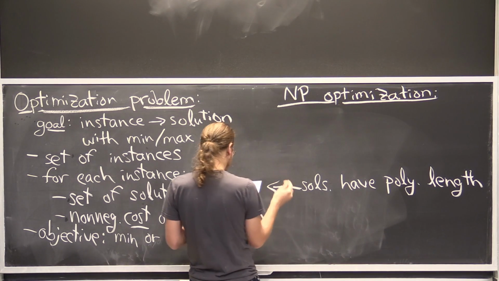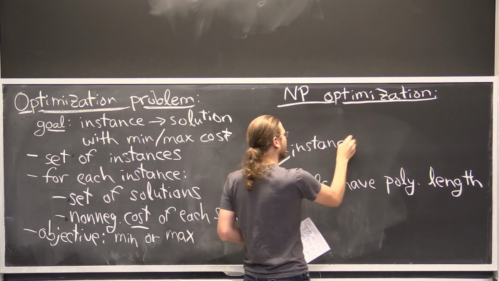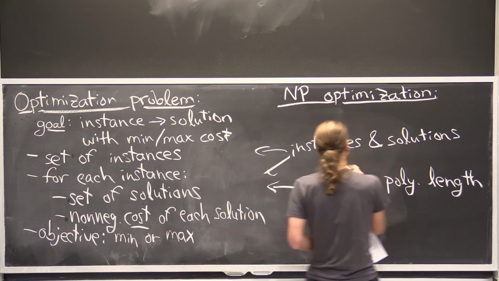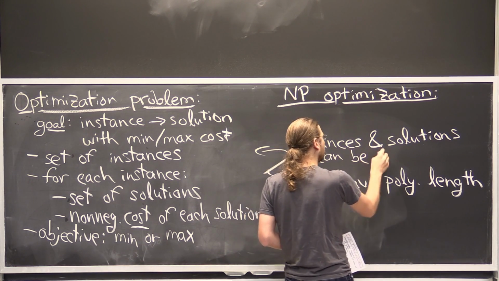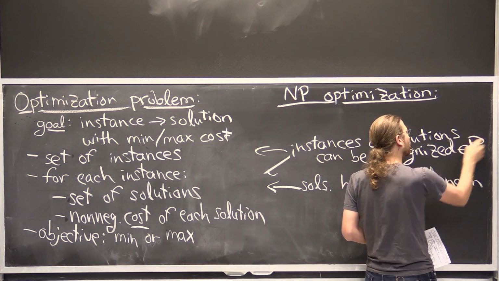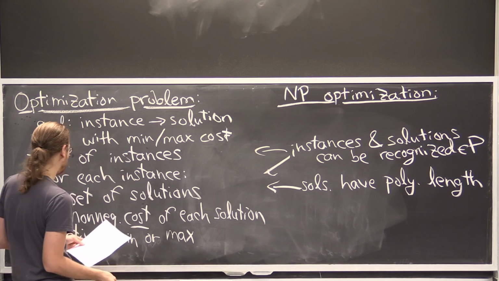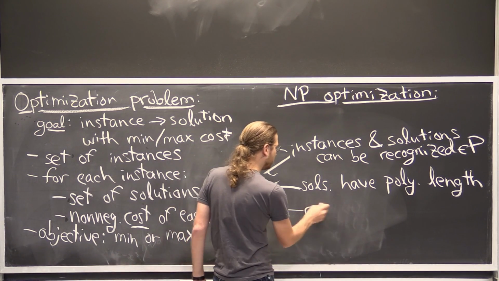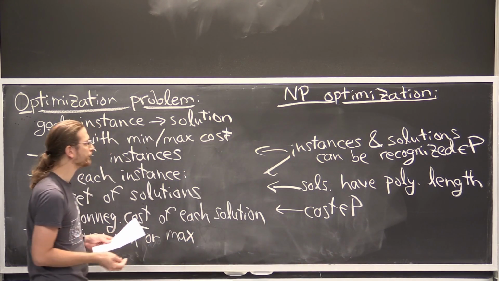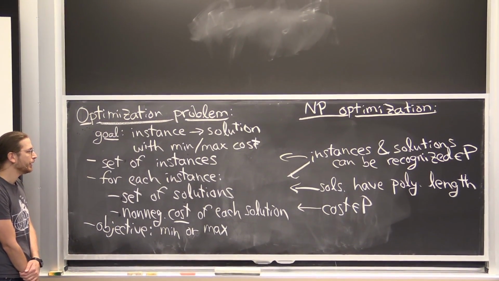Another thing is that instances and solutions can be recognized. So there's a polynomial time algorithm that tells you, yes, that's a solution, yes, that's an instance, or no. And the cost function should be polynomially computable. And that's it. Okay, so just making these actually reasonable from an algorithmic standpoint.